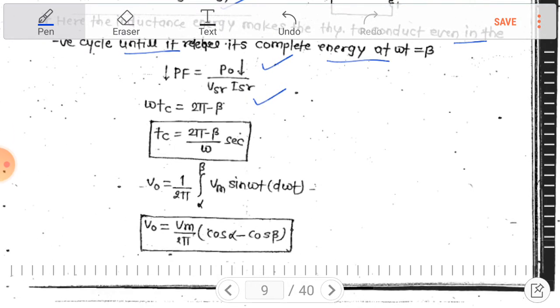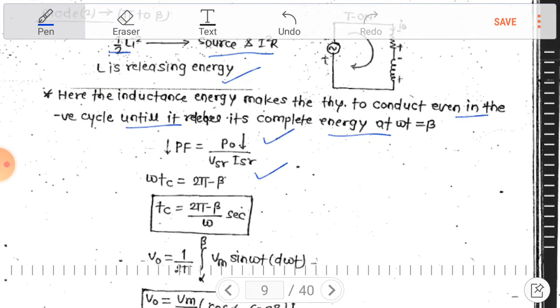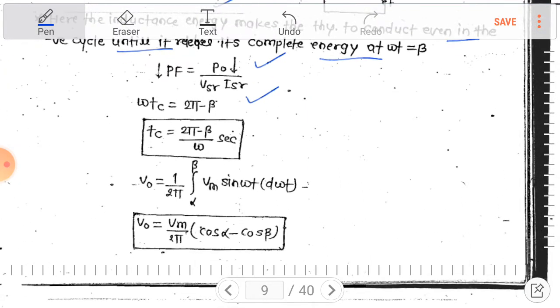This is the drawback. The circuit turn off time is the time after switching off the thyristor. What is the minimum time we have to reverse bias the thyristor? Here the circuit turn off time is 2 pi minus beta, and we divide by omega to get the circuit turn off time.